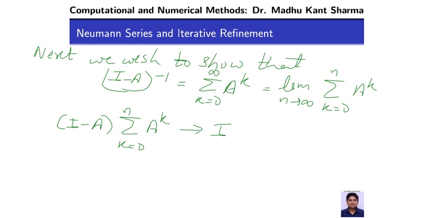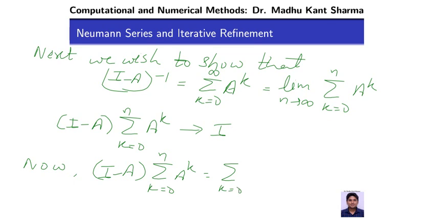Right. Now to show this, if I look carefully at the following partial sum, the sum over k equals 0 to n of A to the power k, that is equal to the sum over k equals 0 to n of A^k minus the sum over k equals 0 to n of A to the power k plus 1.